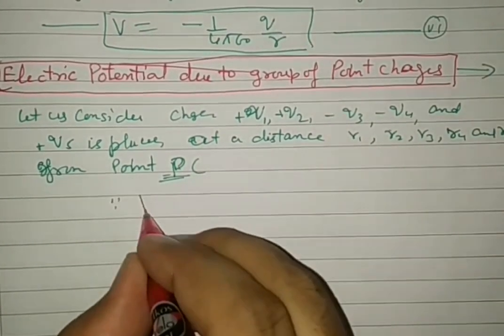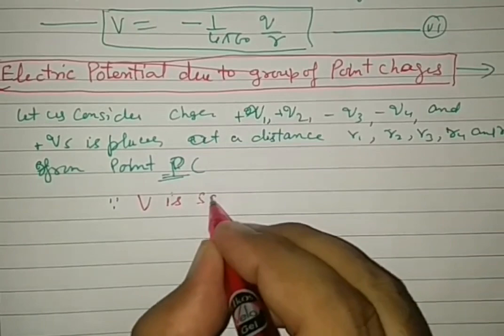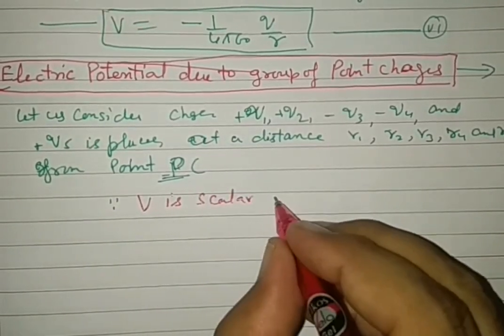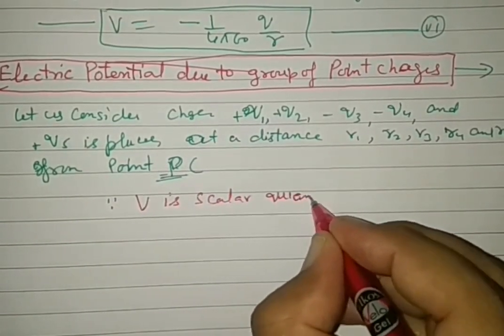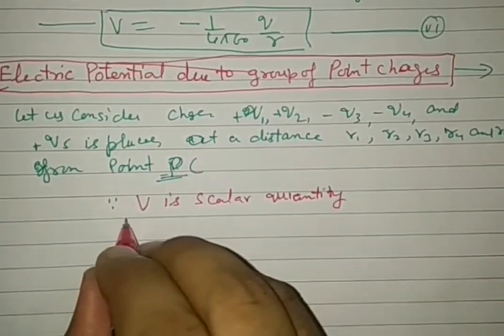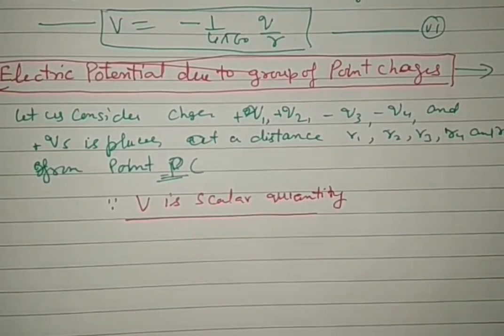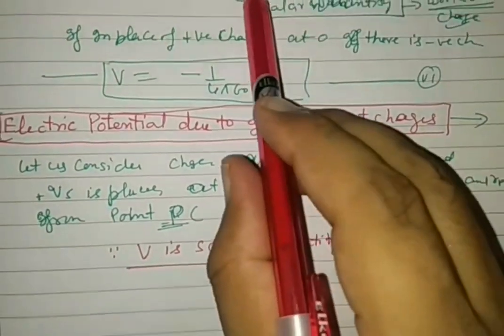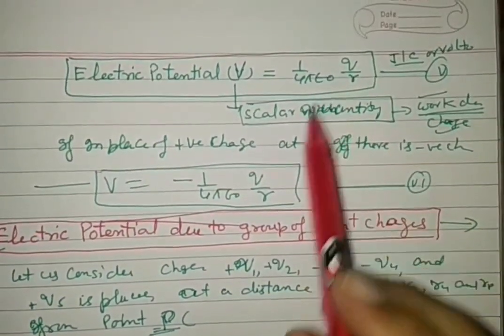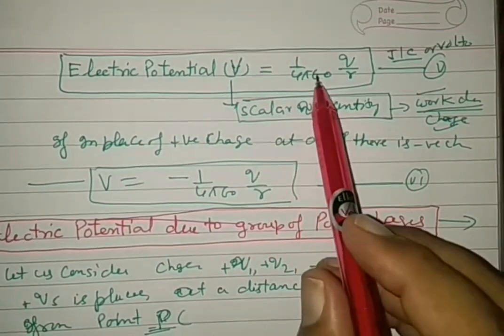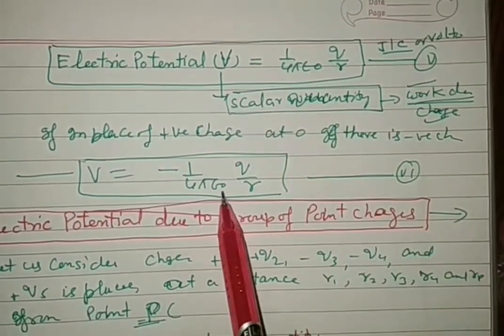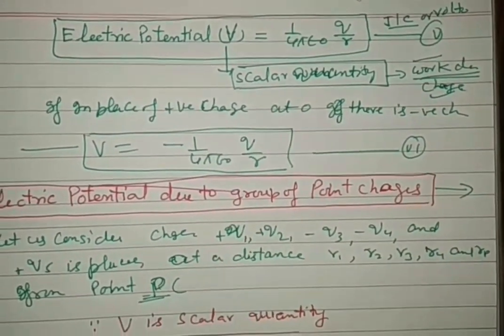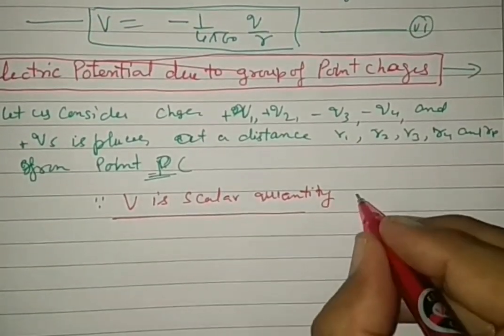Since potential is a scalar quantity, right? And the electric potential formula we have derived for positive charge and negative charge. For positive charge it is a positive potential, for negative charge it is a negative potential. So it is a scalar quantity.